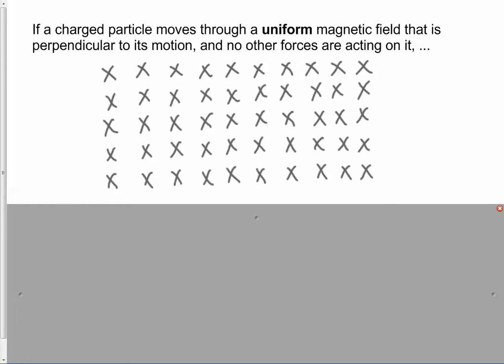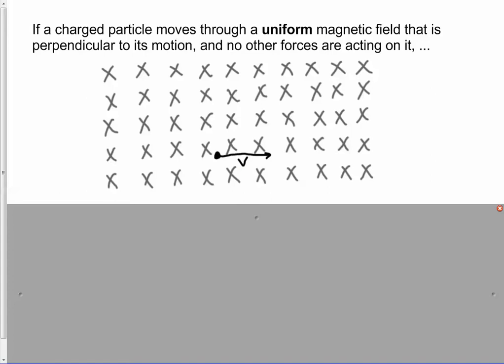Okay, and imagine this is just a big region of magnetic field, extending to the left and right and up and down. And I'm just showing you a little patch of it. Okay, and suppose we have a particle right here going, at this moment, going this way.